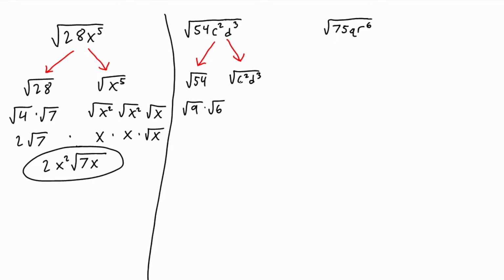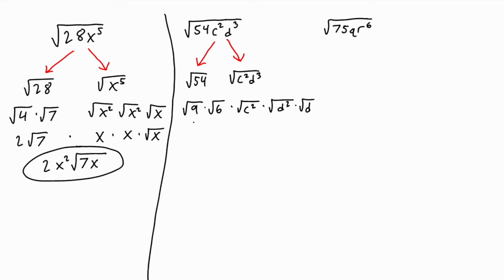Then we take out all the perfect squares out of the variables. So c squared is a perfect square. So we've got times the square root of c squared, and then we take out a d squared, and we're left with a d.